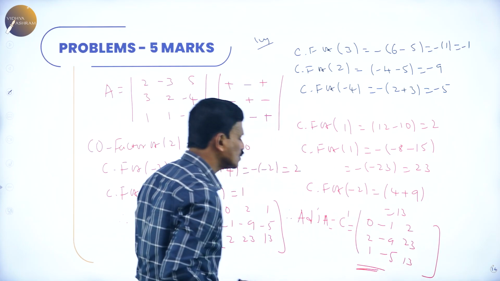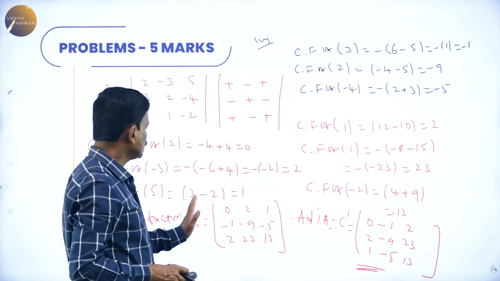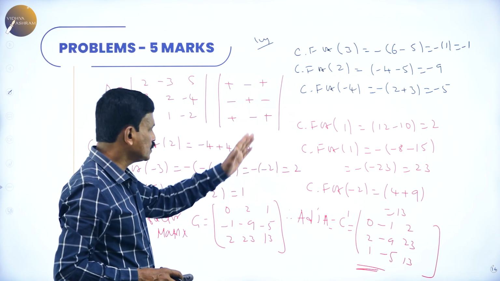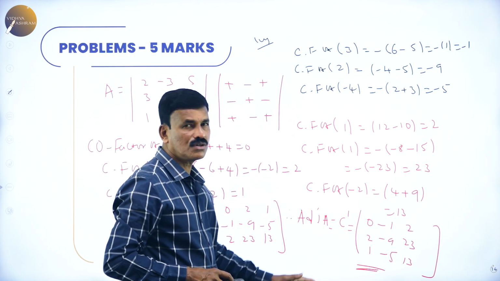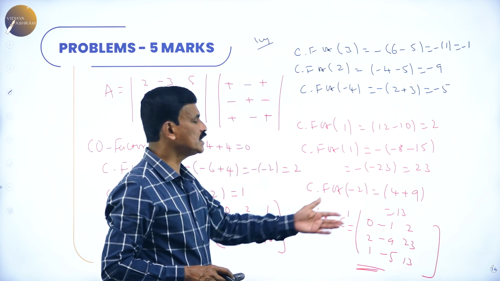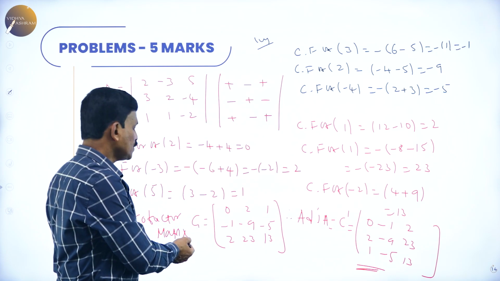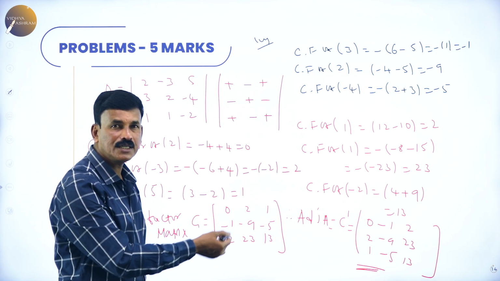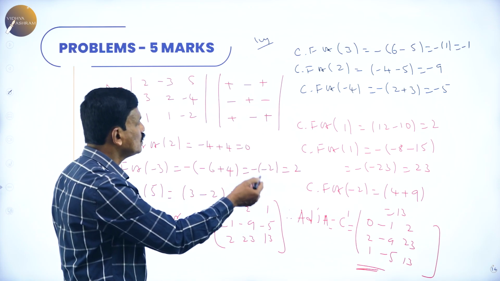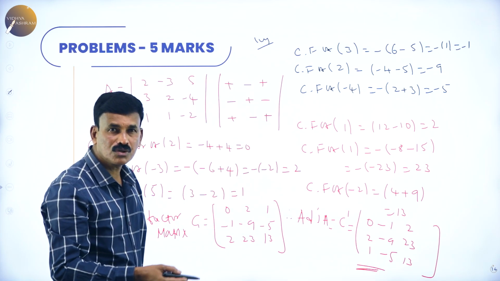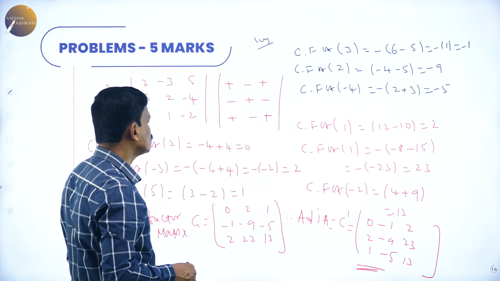This is the adjoint. See, instead of writing the first row, second row, third row, if you put it in the form of a column, first column, second column, third column, straight away it will give the adjoint, right? Any method you can follow, either just find out the cofactor matrix and transpose it, or put the elements in first column, second column, third column, you will get the adjoint, that's it.